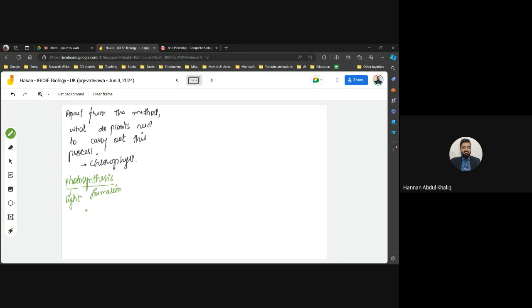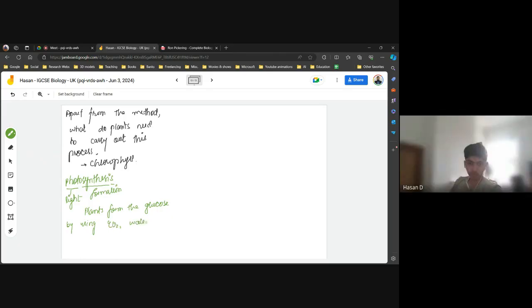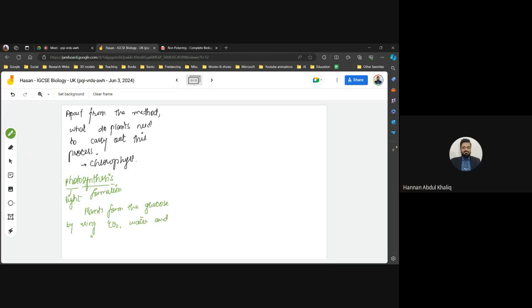So basically, the plants form the glucose by using carbon dioxide, water, and light.